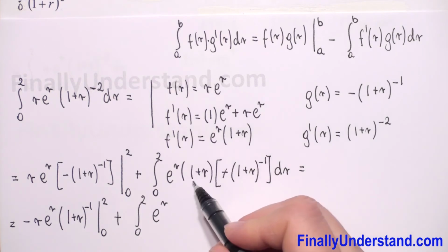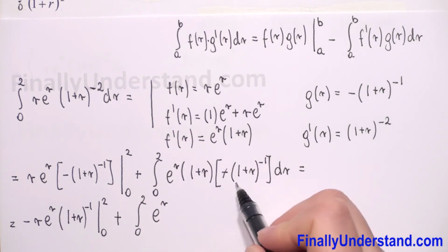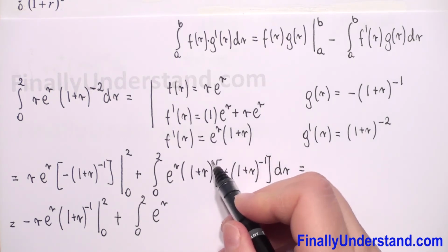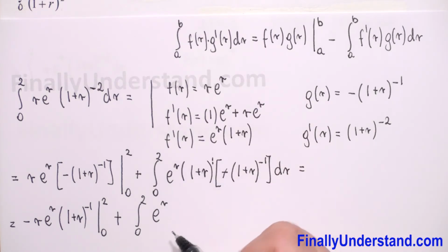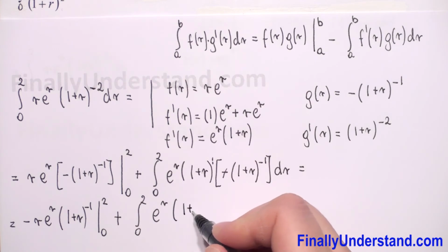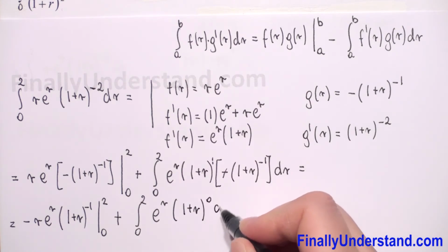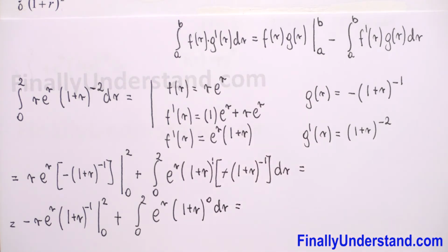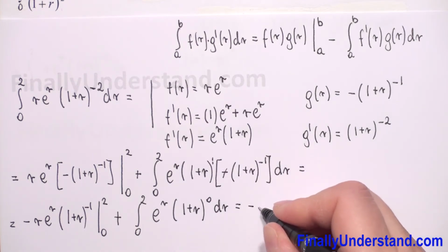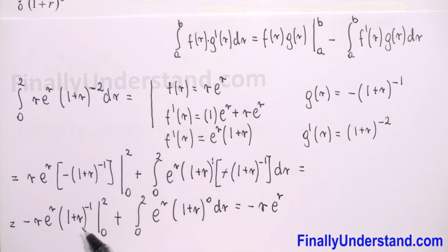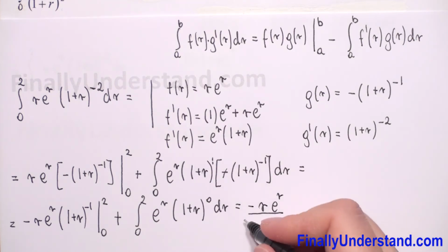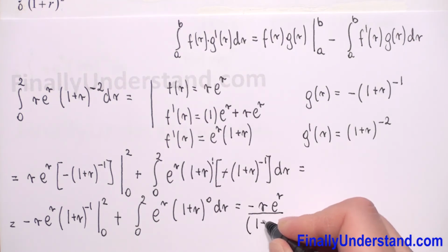So now we have the same base. When we have the same base, we have to add exponents. Here we have an invisible 1. So 1 plus negative 1 is 0. So we have 1 plus r to power 0 with respect to r. This is equal. Let me rewrite the first expression. We have negative r e to power r. And because we have negative exponent 1 here, we can put this expression in parentheses in the denominator.